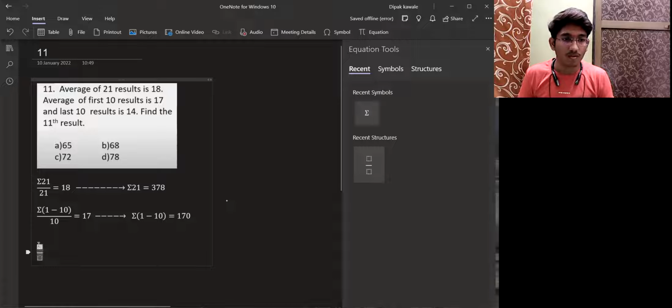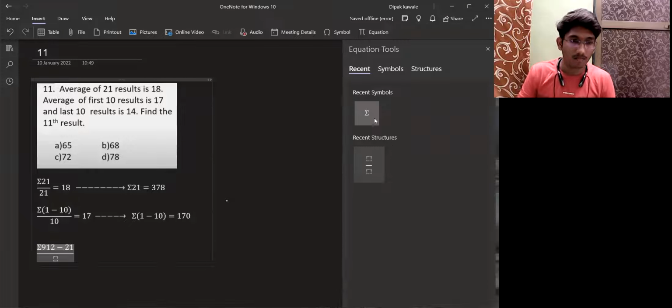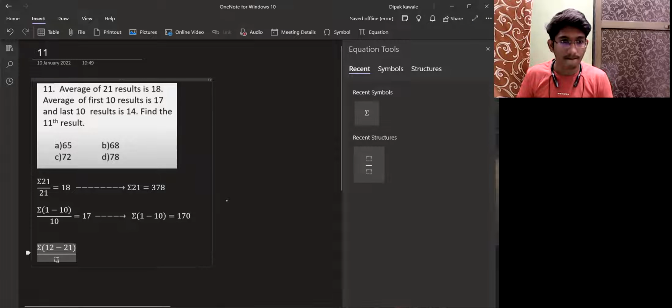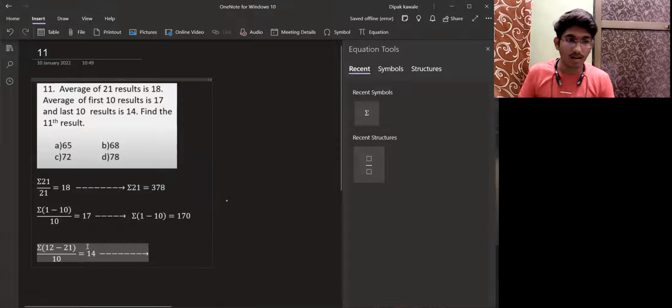Summation of 12 to 21 is 14 into 10, this is simple calculation, it is 140.